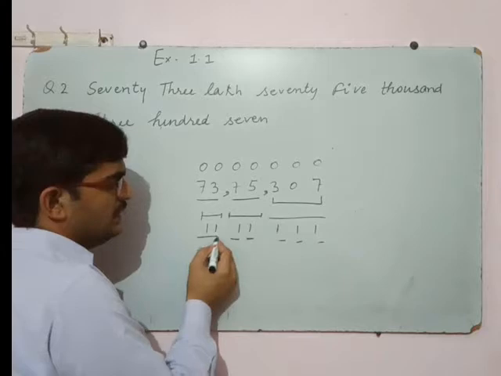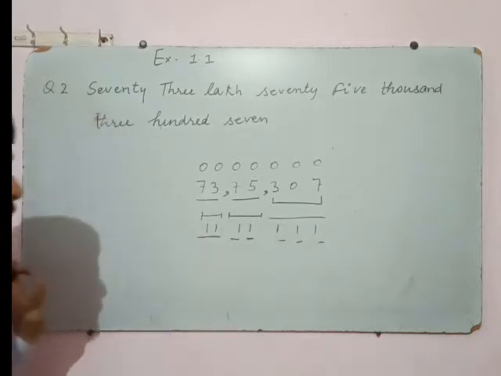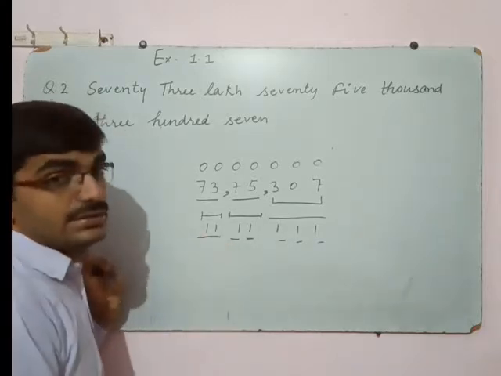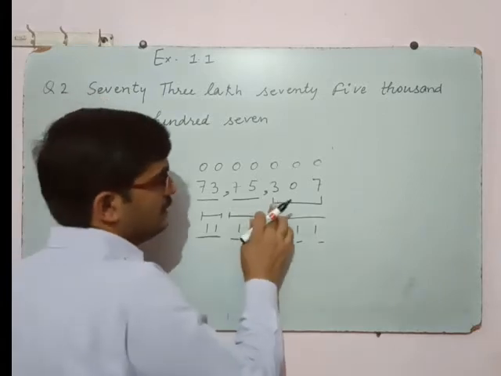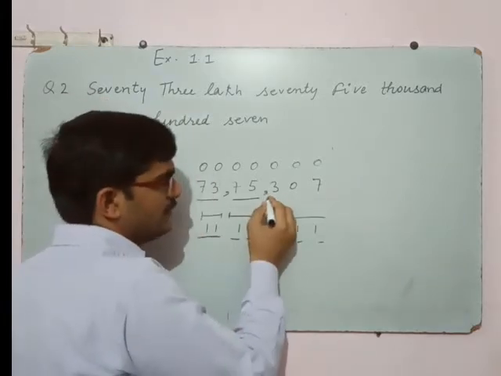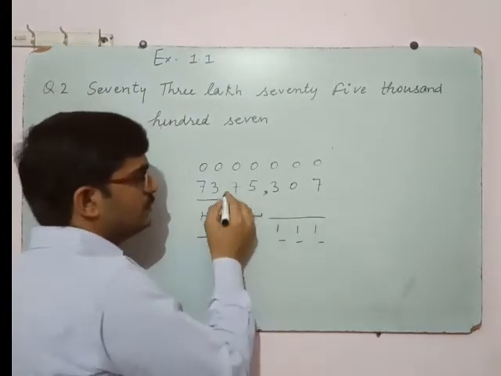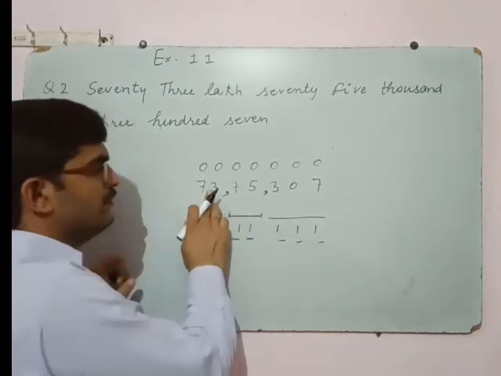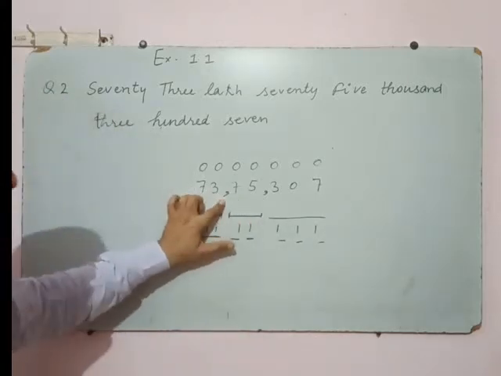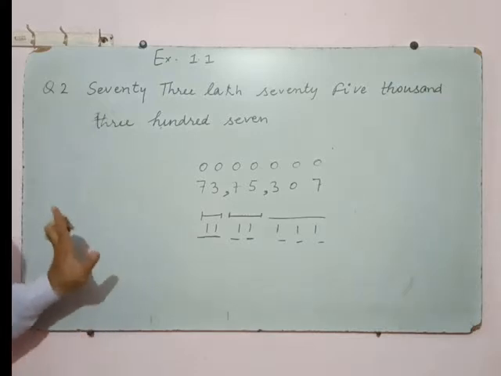So you will put the first comma before the first three digits. After that, two digits. Okay. If there is only one digit, then you will put the comma here and let it go.